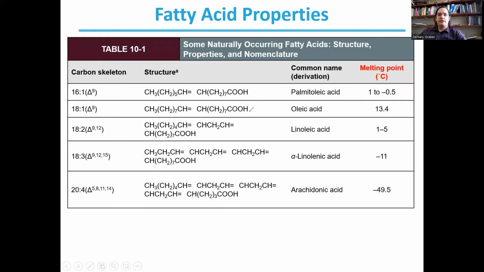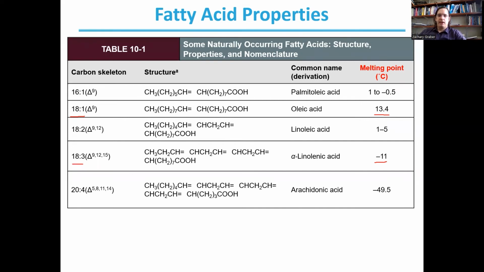If we look at our unsaturated fatty acids, we can still see those same trends, although of course here it gets a little bit more complicated because we're changing both the number of carbons and the number of double bonds. So if we compare our 18:1 oleic acid with our 18:3 alpha linolenic acid, we see that our melting point, of course, decreases as we add those extra double bonds.